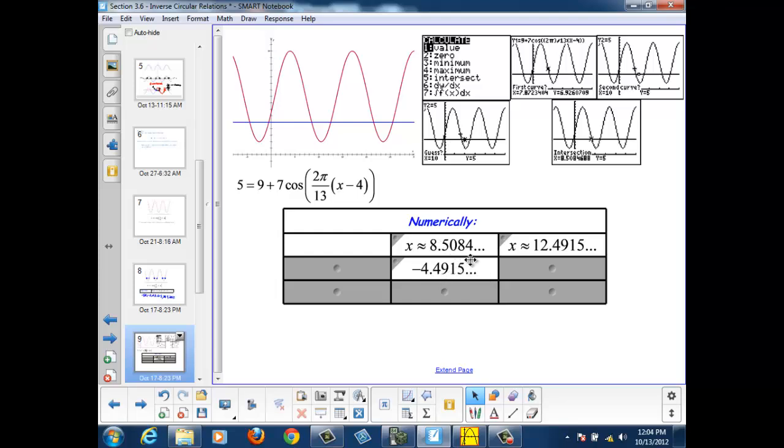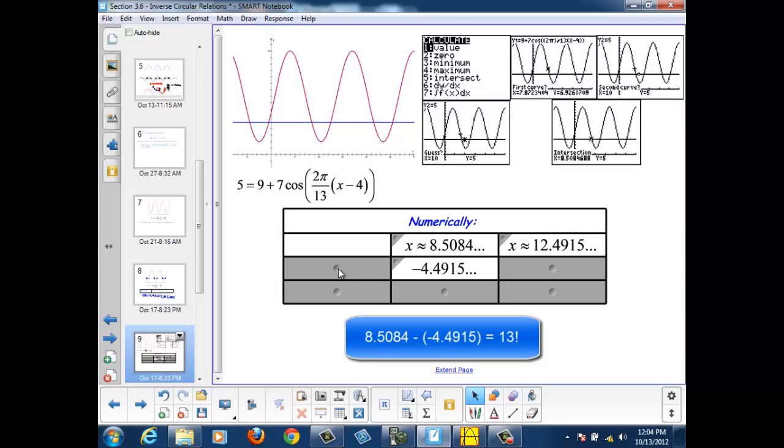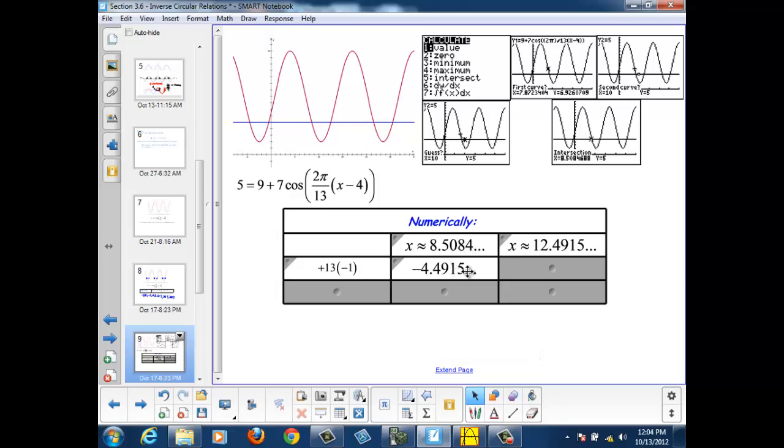If I find the distance between those two values, 8.5084 and negative 4.4915, I find that distance to be 13 units. So if I subtracted 13 from my initial value, I would get this value, negative 4.4915, which means that if I added 13 to my initial value, I'd get another intersection because of the periodic nature of my function.